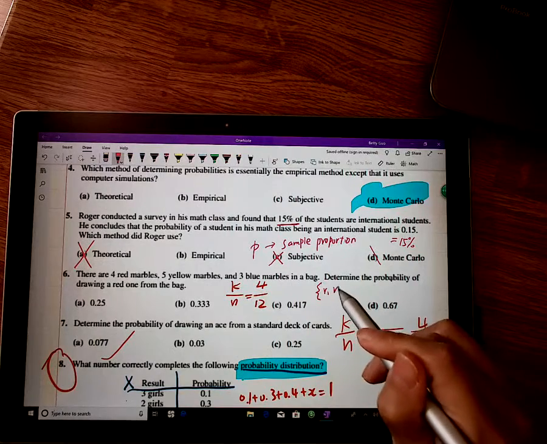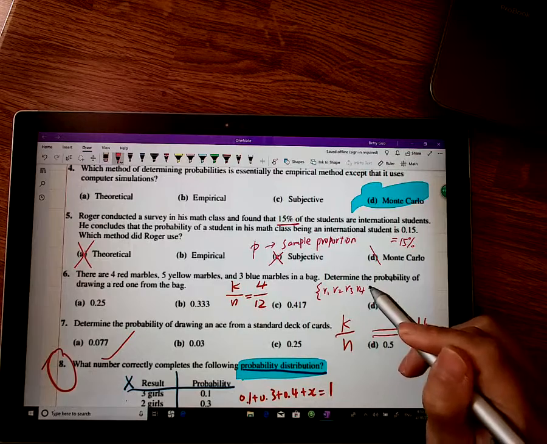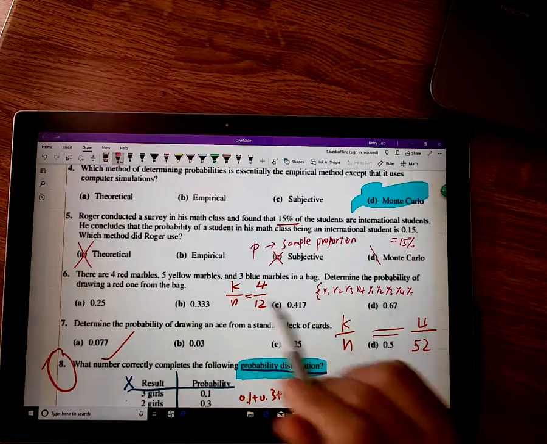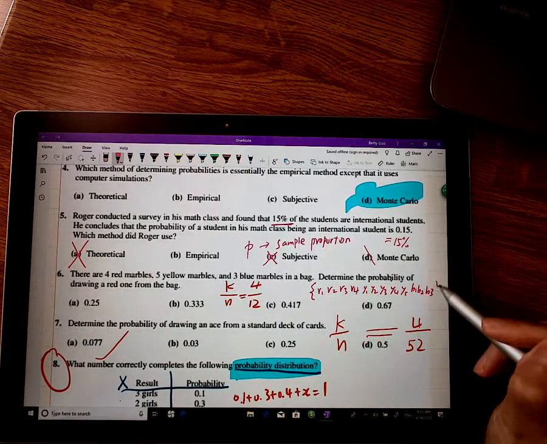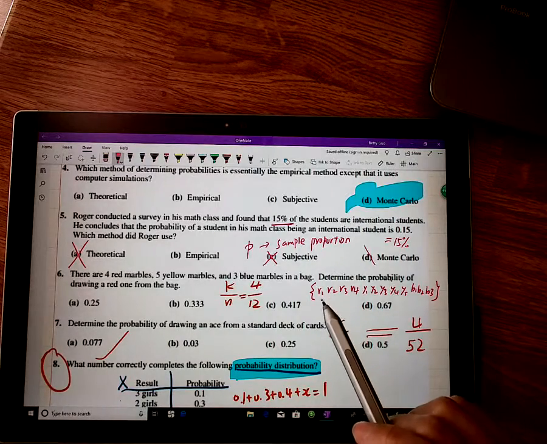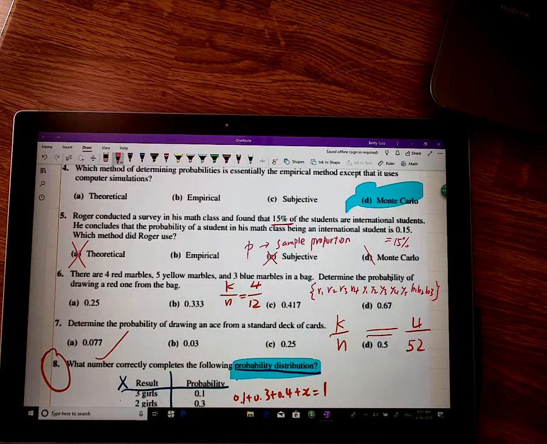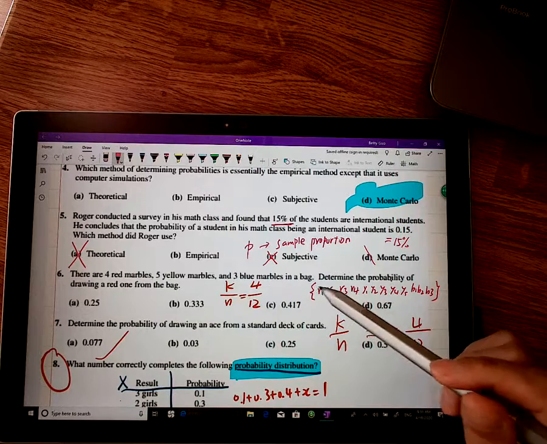Red 1, red 2, red 3, red 4. 5 yellow, so yellow 1, 2, 3, 4, 5. 3 blue, B1, B2, B3. How many together? How many marbles in the bag? 4 plus 5 plus 3? Is that 12? So you have 12 marbles in the bag.